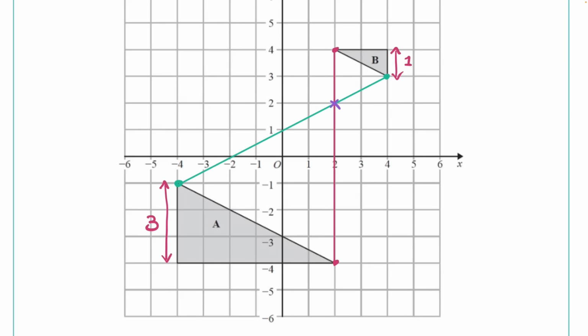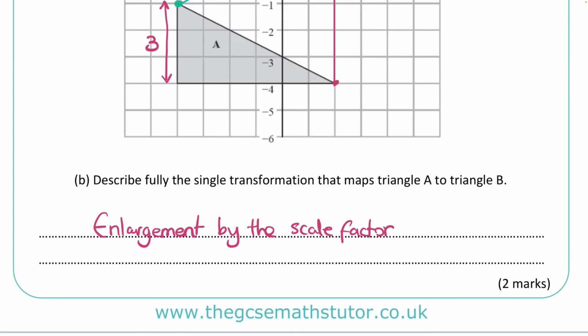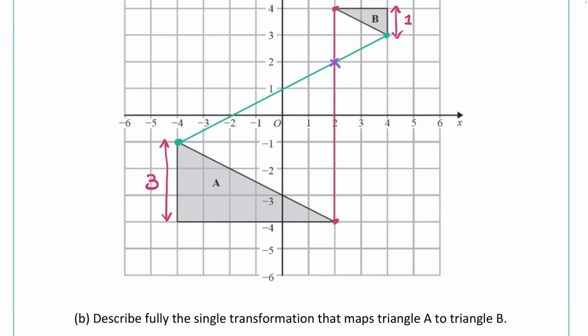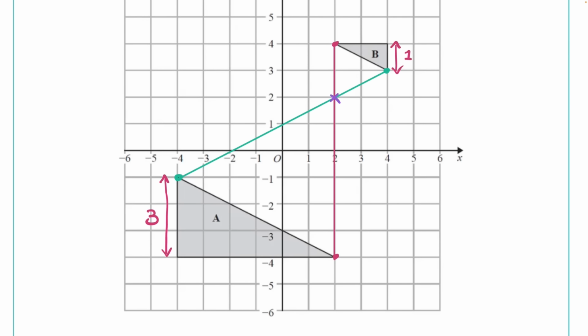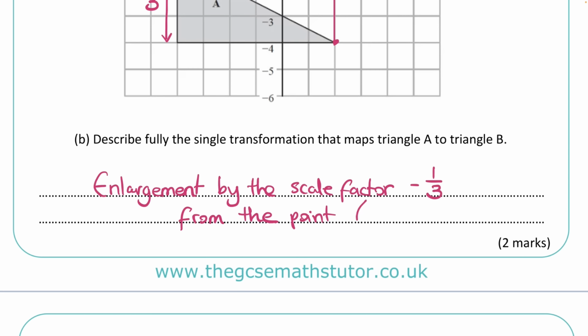Because it's a negative enlargement, it's going to be minus 1/3. So enlargement by the scale factor minus 1/3, and then we're going to say from the point, the centre of enlargement. You can say from the centre of enlargement or any phraseology like that, but this coordinate here is the coordinate 2, 2. So that would be from the point 2, 2.